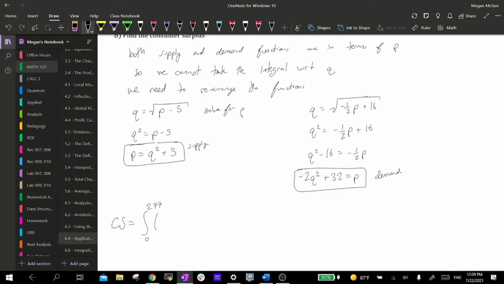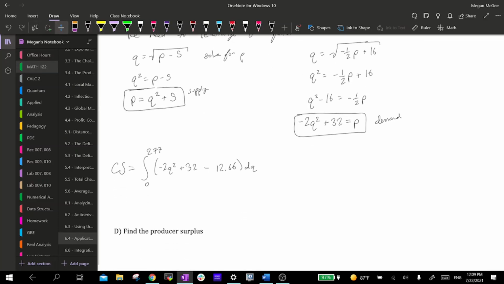So our demand equation is first, negative 2Q squared plus 32, and then we subtract our bottom function, which is our horizontal line at 12.66, with respect to Q. We have to make sure there are no P's anywhere inside our integral, only Q's.